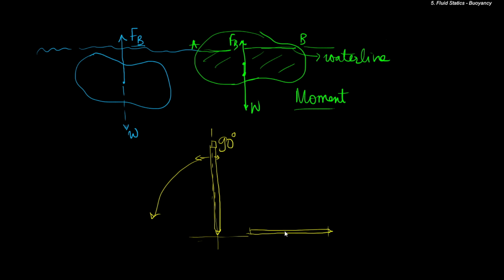Now, this is the stable equilibrium position. And this is called the unstable equilibrium position. Both are equilibrium positions, but one of them is unstable while the other is stable. Now, a similar thing happens for floating objects.